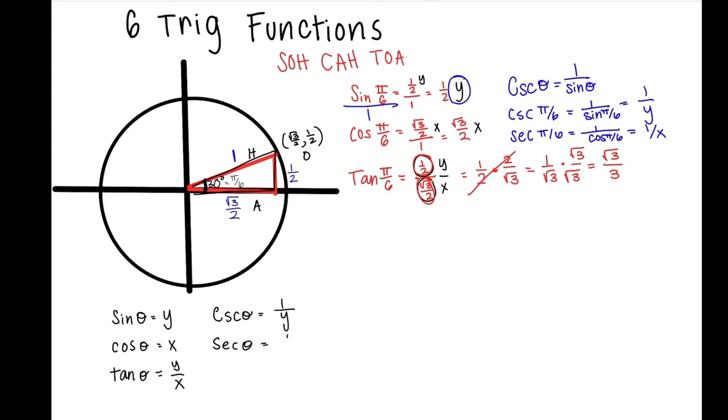Secant of theta is 1 over our x value. Now, tangent. The reciprocal of that is called cotangent. And I'm not even going to do that one out. I'm just going to look at this and say, okay, it's the reciprocal of that. It's the flip-flop. It's going to be x over y.